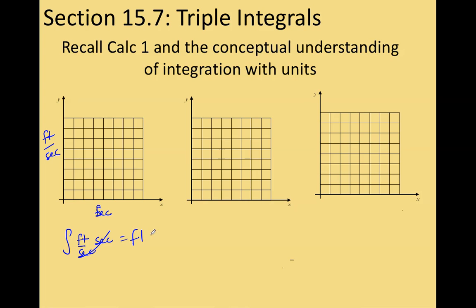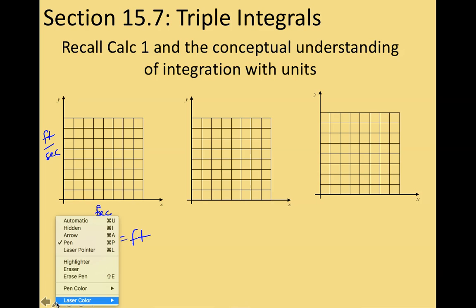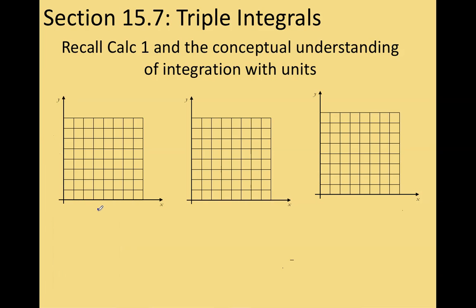And oh my gosh, I get feet or distance out of that as long as I'm always above the x-axis. Right? So we started off with that. Well, what if I just put meters on both axes? That doesn't change the fact that you're multiplying meters times meters, right? Height times width, and you get meters squared, which is area.